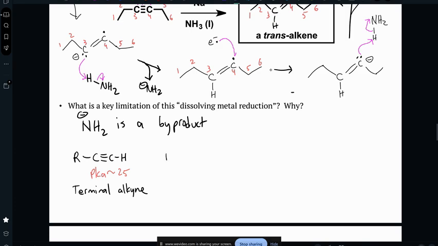NH2 minus can grab that proton to make NH3, which has a pKa of about 35.